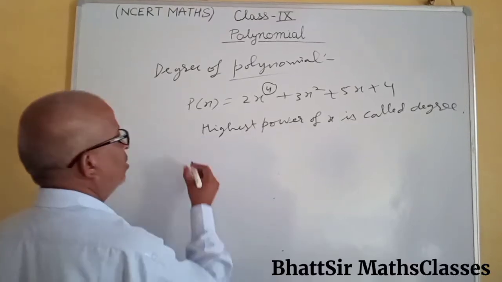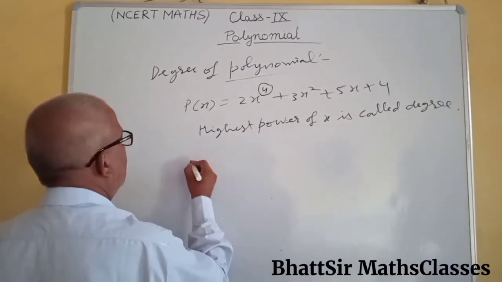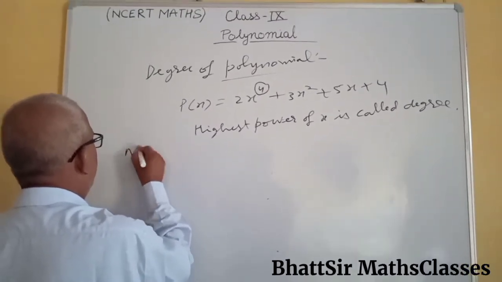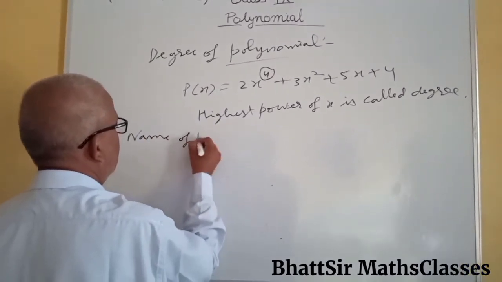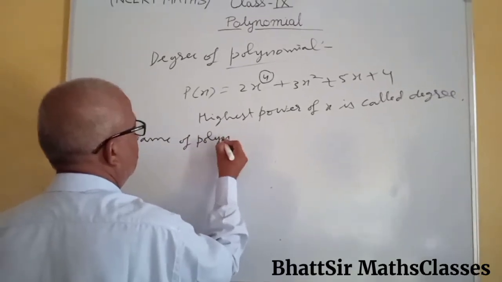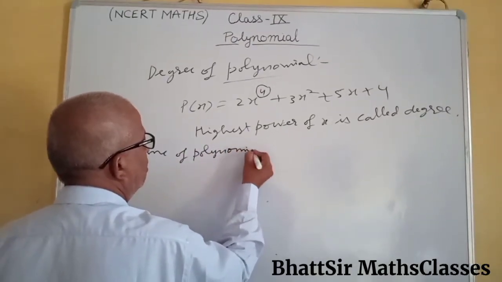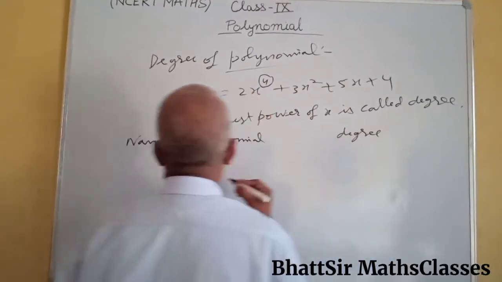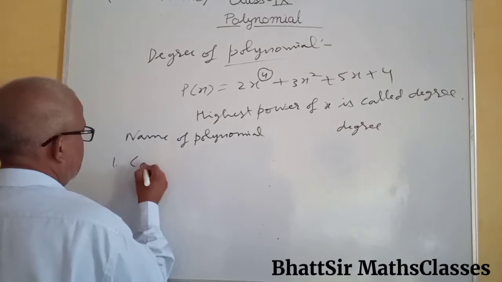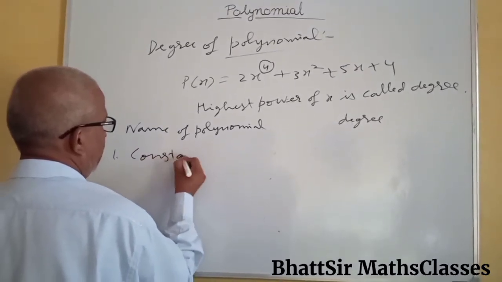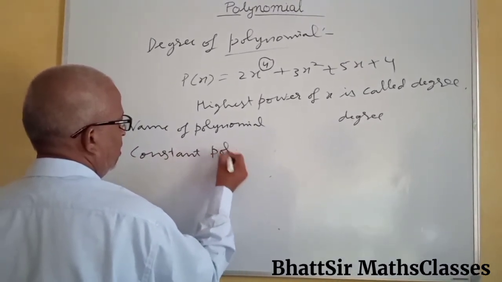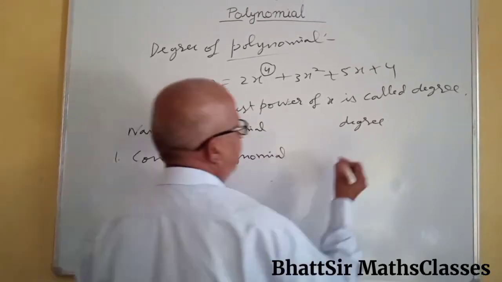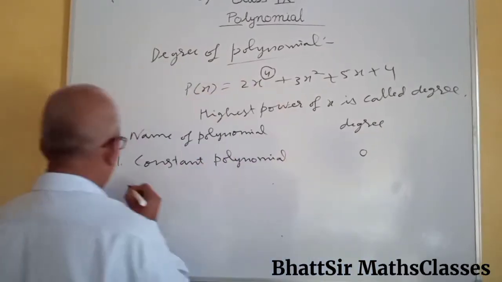So now, names of polynomials by degree. First, constant polynomial, degree 0.